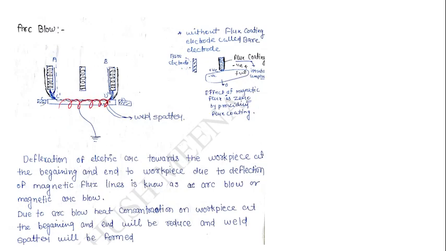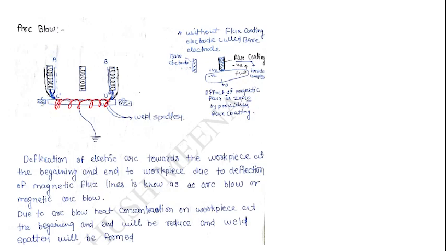Now suppose you are using a filler material. Whatever the direction of this magnetic field, we can get by the use of the thumb rule, right? So when you are melting your filler material, there will be a deflection of that arc towards the workpiece at the beginning and at the end of the workpiece because of the magnetic flux.